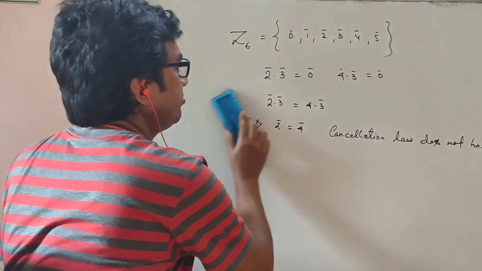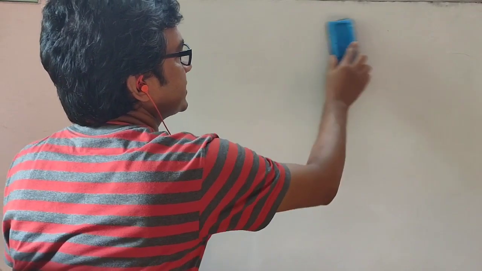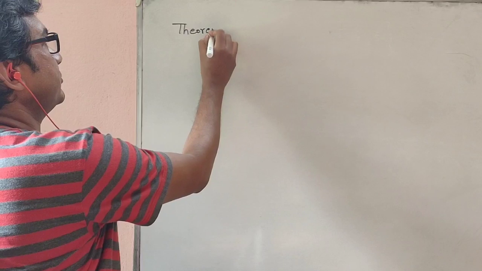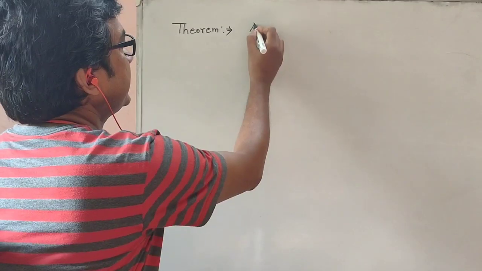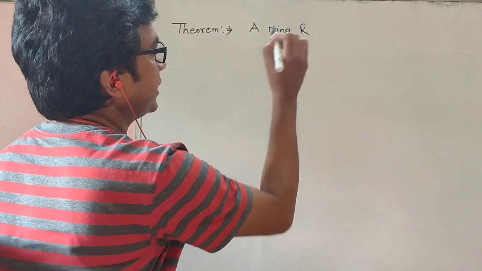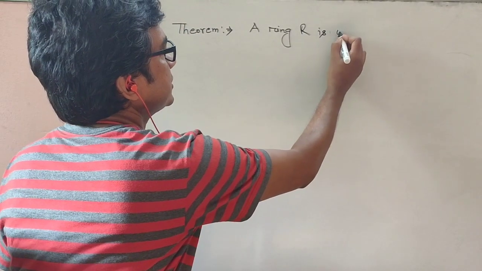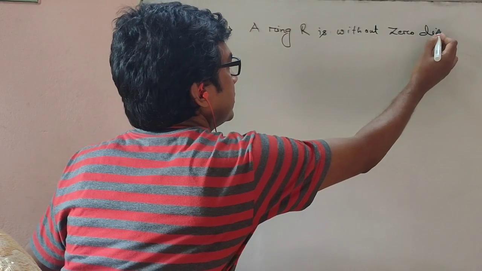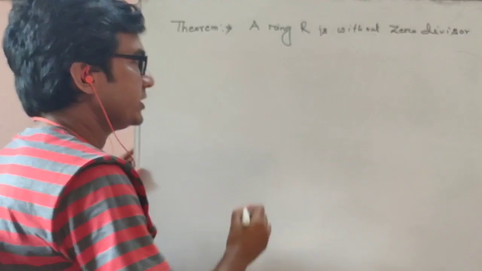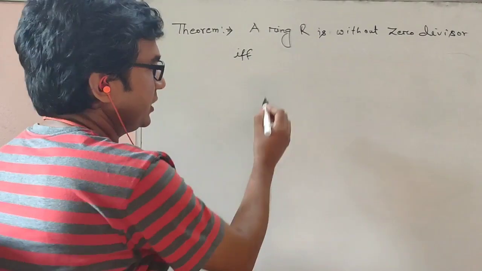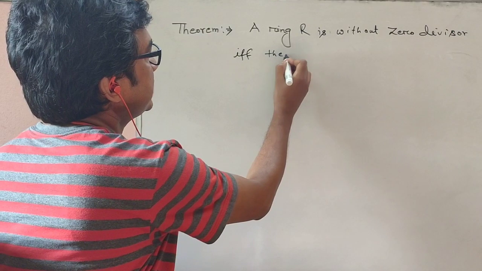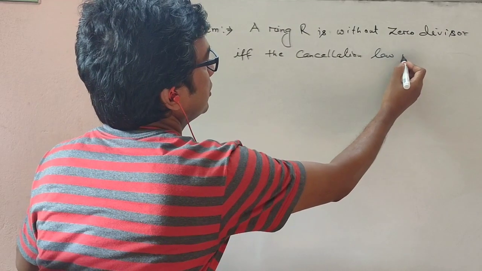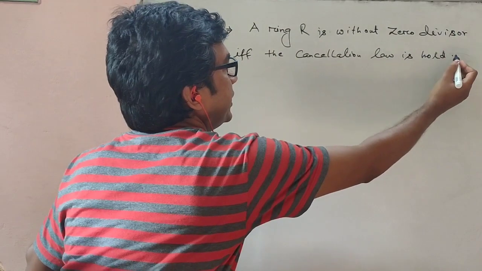So in the form of a theorem, we state an important theorem as: a ring R is without 0 divisor if and only if the cancellation law holds in R.